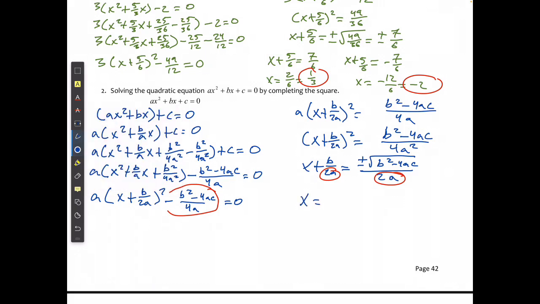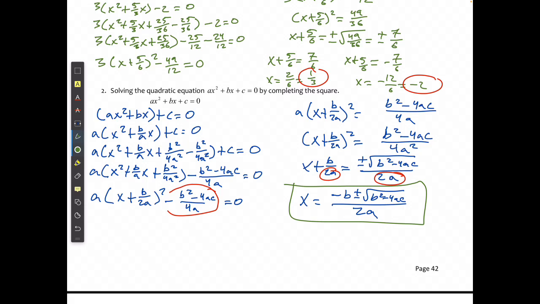So x is going to equal, because it's over a common denominator, I can just subtract the b on the top from both sides. Negative b plus or minus the square root of b squared minus 4ac over 2a. And we have a single formula to solve for what x is if I know the a, b, and c values.